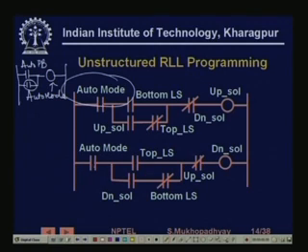So it says that everything will work only if the auto mode is on, and then if the bottom limit switch is made and the down solenoid is not on, then the up solenoid will be energized. Similarly, once the up solenoid is energized, it will remain energized until the top limit switch is made.